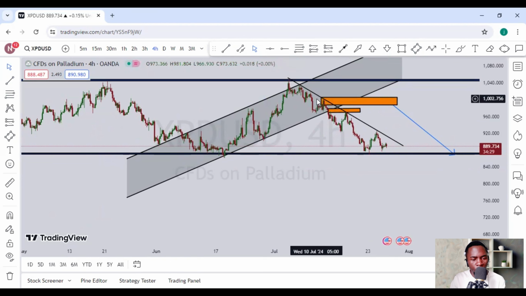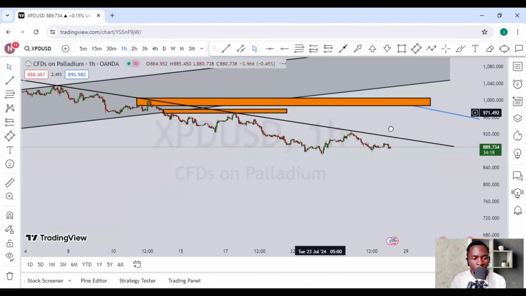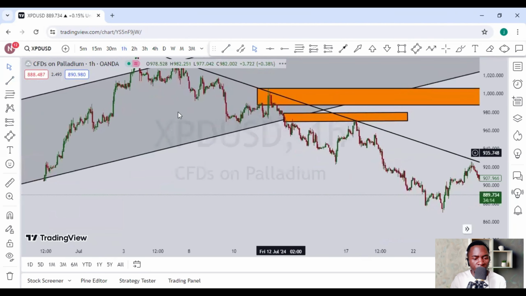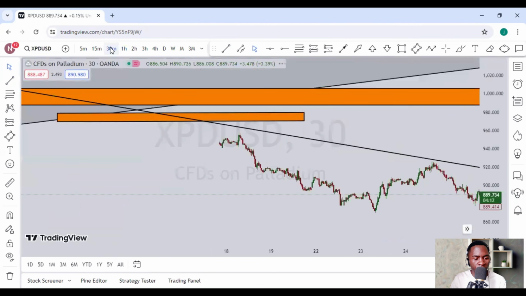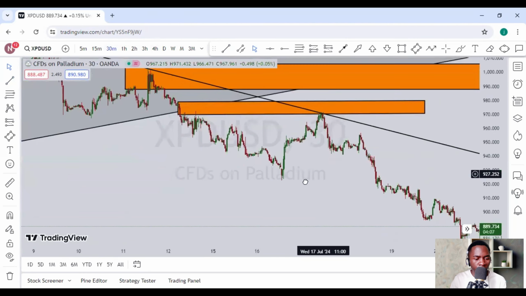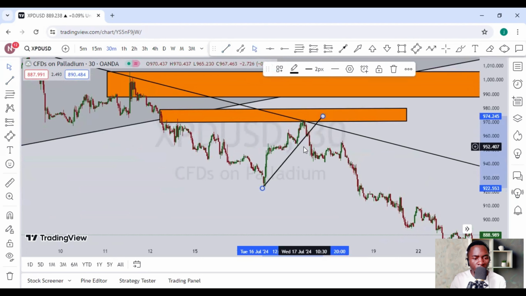If I had drawn my fib level from the top here to the bottom here, then I would have accessed this trade. And imagine if I entered this trade maybe on 1 hour. Let me check this trade maybe on 1 hour. Let me go lower, maybe 30 minutes. This could be the entry around here.